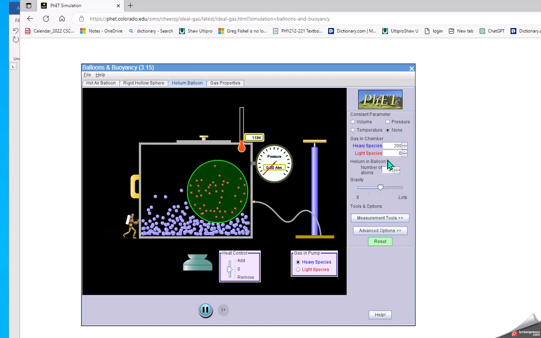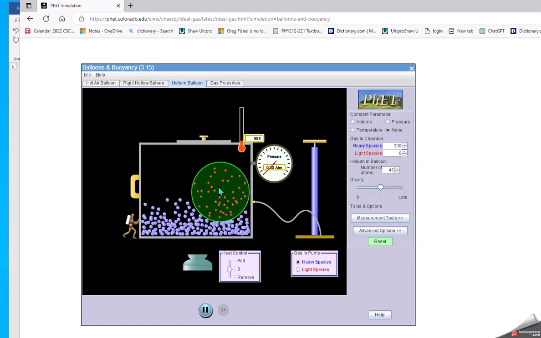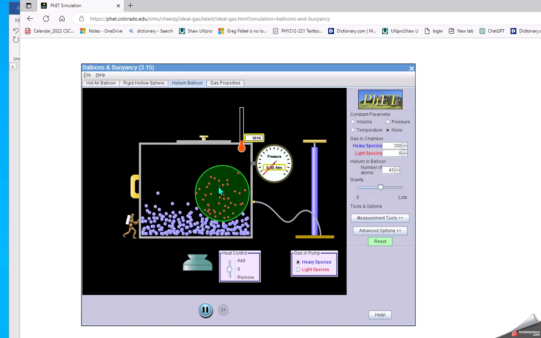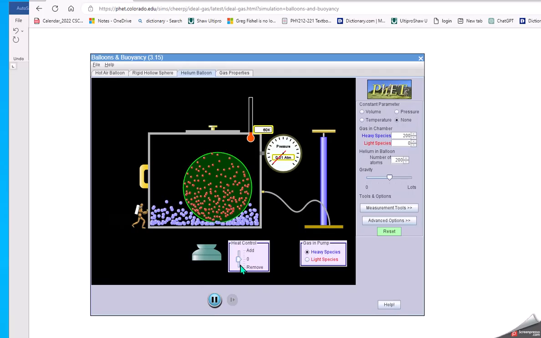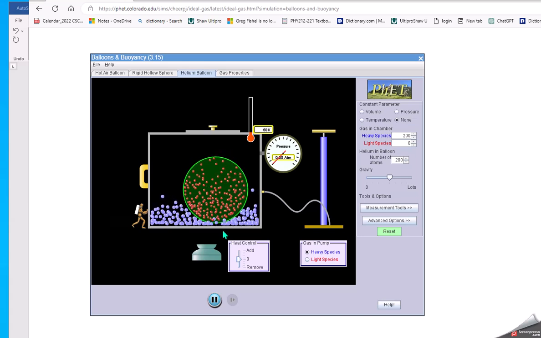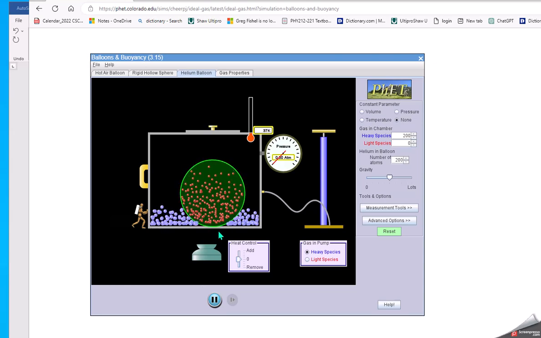Now, just as an experiment, if you have heavier species inside, then the balloon will never float, never ascend to higher altitude. And I want you to increase to 200 and slowly lower the temperature, and observe what's happening. Obviously with more air the balloon becomes bigger, and at what temperature does it drop to the ground? Probably the same, because at 46 it dropped to the ground.